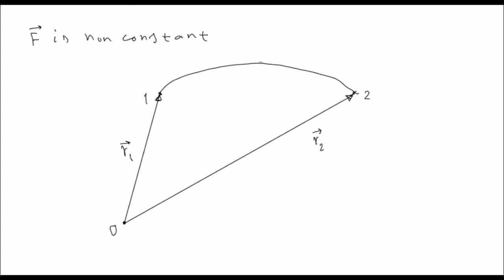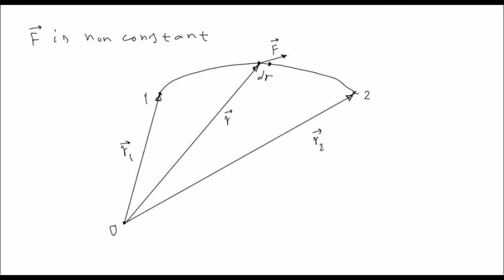At a given point on the path, for instance this point, the position vector of the object can be defined by this vector R, and the force acting on it can be this vector F. Although F is a non-constant force, you can assume that for a very small displacement of the object through its path, it stays constant.